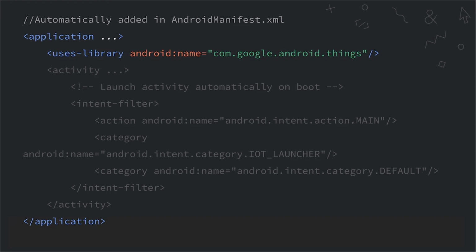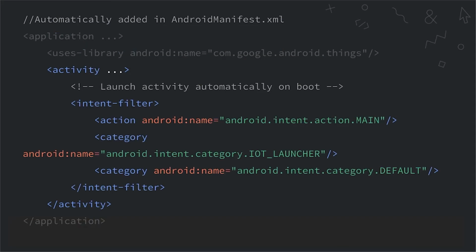In your Android manifest, it adds two things. The first thing it adds is that it uses the Android Things library. That makes sure that when you're running it on a device, this device has the Android Things dependencies already on it. And then on that default first activity that we created, it adds an intent filter.